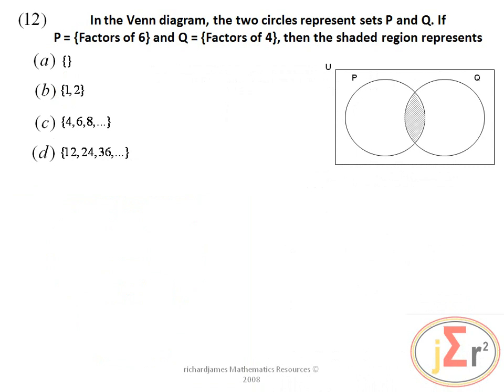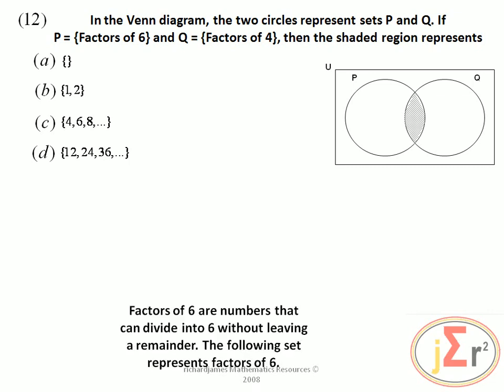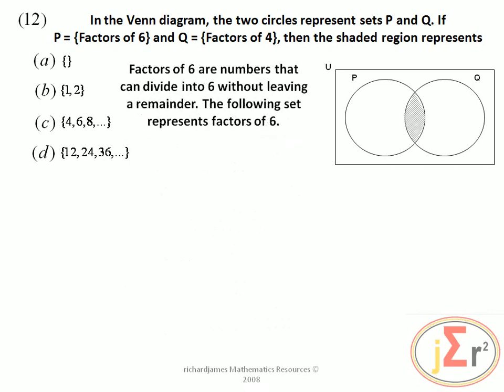In the Venn diagram, the two circles represent set P and Q. If P is equal to factors of 6 and Q is equal to factors of 4, then what is represented by the shaded region? Factors of 6 are numbers that can divide into 6 without leaving a remainder.